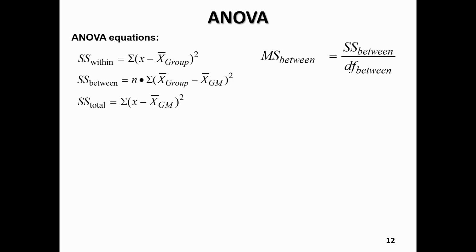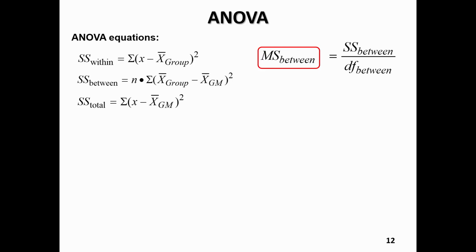So in order to move forward, what we eventually do with those calculations is we calculate what's called the mean square between. Recall that the mean square is another term for the variance, and this refers to the variance that exists between the group averages.